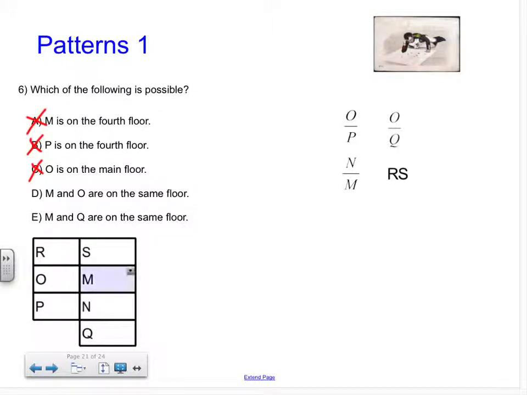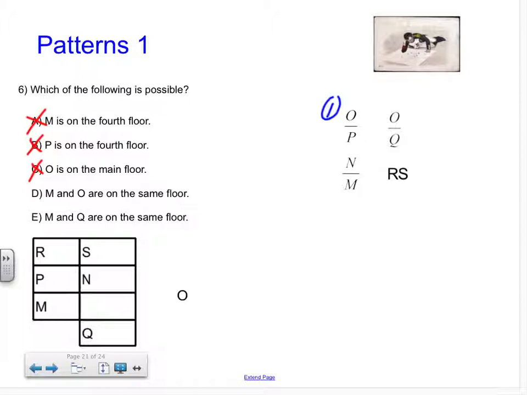What if we tried to put M and O down here on the 2nd floor? Let's go through the conditions quickly. Now O is below P, so it breaks the 1st condition.